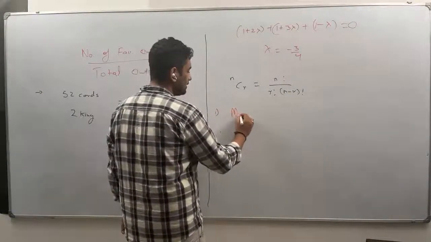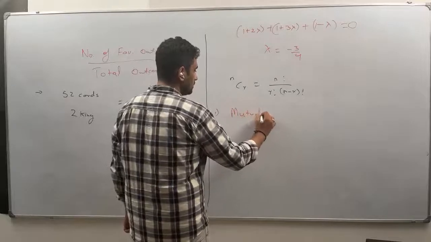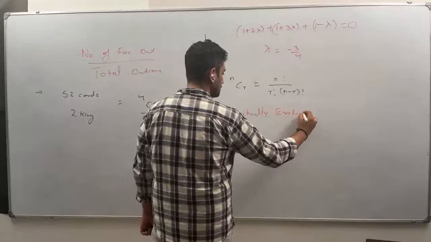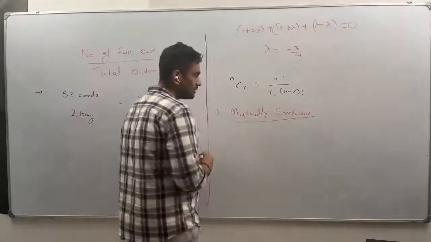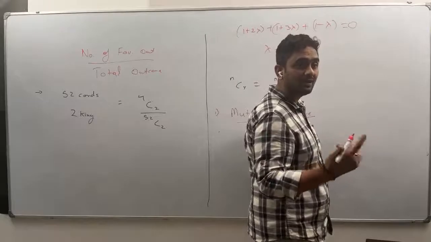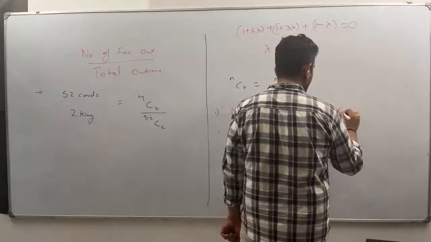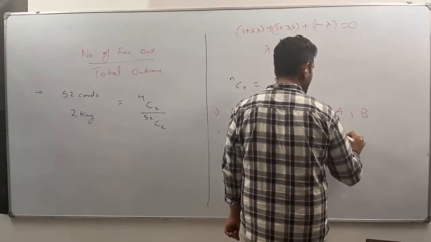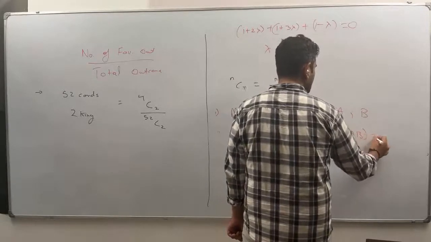So we say that two events are mutually exclusive if they do not have any common element. Or I can say that if one event is A and the other is B, then the probability of A intersection B should be 0.